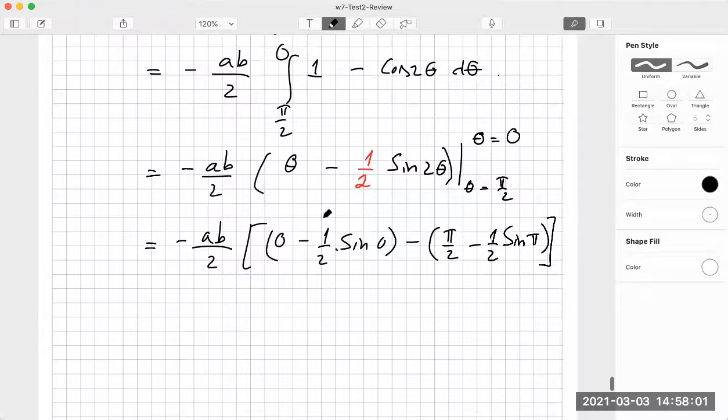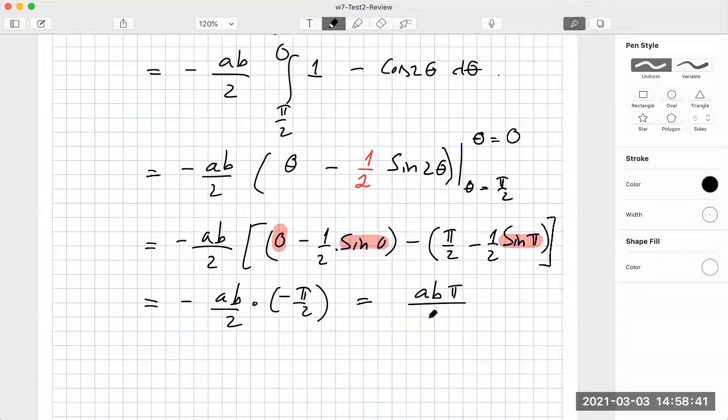This guy disappears, and therefore we have negative a b over 2, and here sine of pi is 0, then this guy disappears as well. Negative pi over 2, negative of negative, therefore we have a b pi divided by 4.